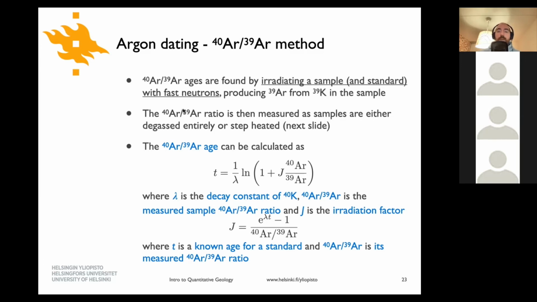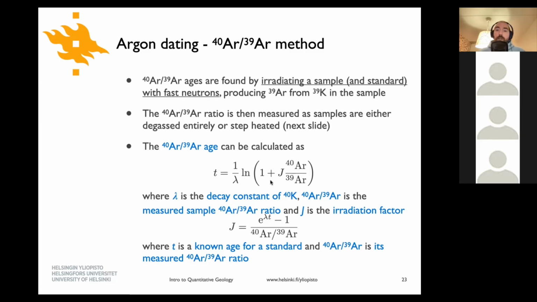And that's done either by total fusion of the sample, which is essentially where you just release all the gas by heating the sample up and measure the amount of released argon 40, or step heating, which is where you heat up to a certain temperature and then see how much argon has been released, and then heat it further to a higher temperature, and again measure whether there's been more argon released. And you'll see how that works on the next slide.